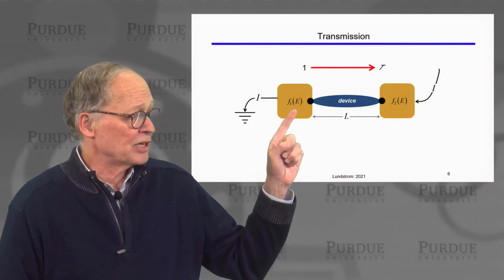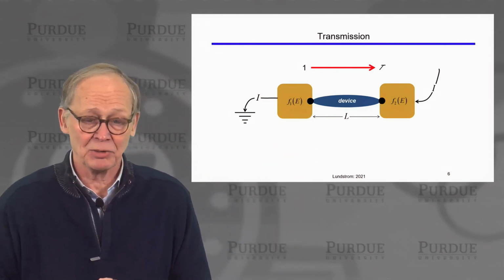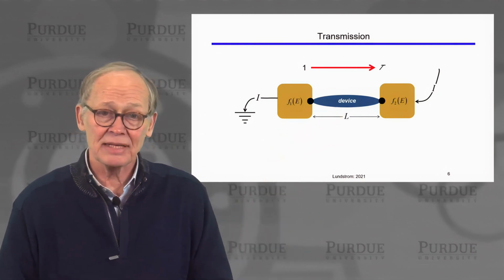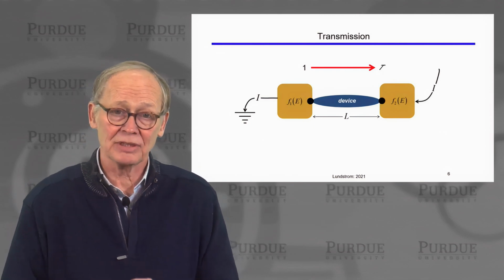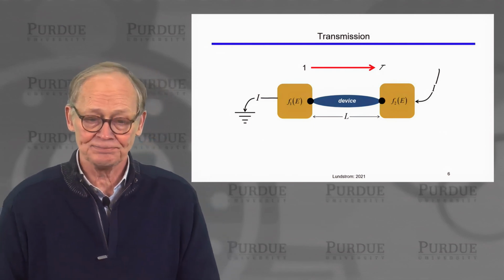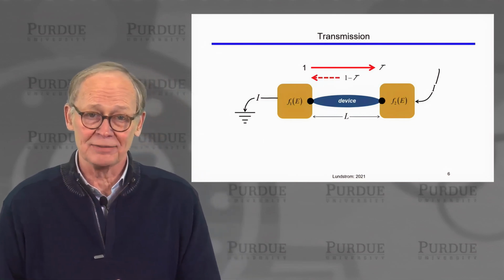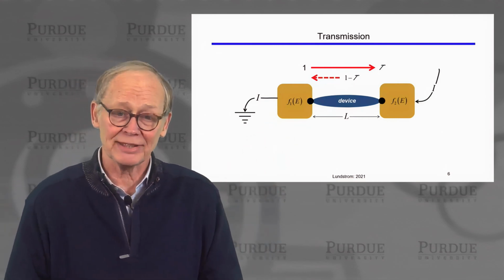If an electron is injected from the first contact into the device, the channel of our MOSFET, the transmission T is the probability that it will transmit across and come out and exit in contact 2. Now, there's also a probability 1 minus T that it will backscatter and return and go back to the source from which it came.